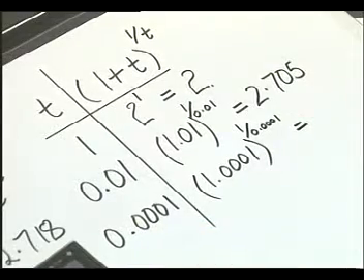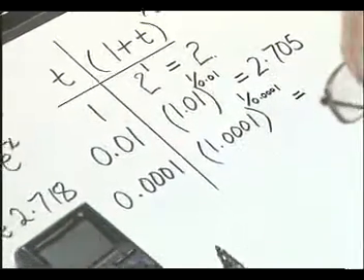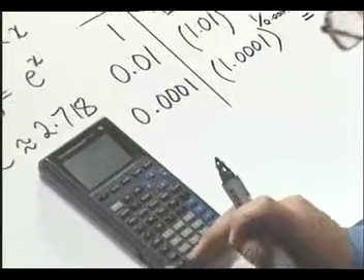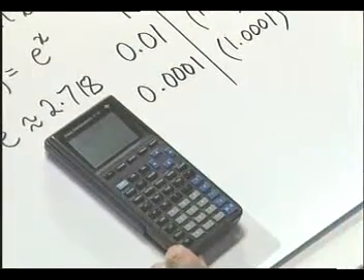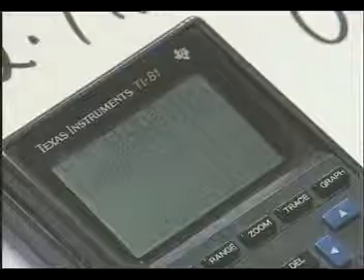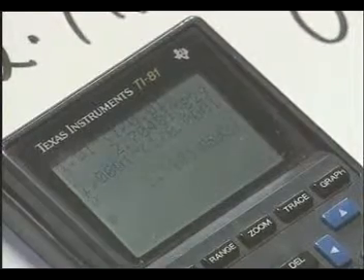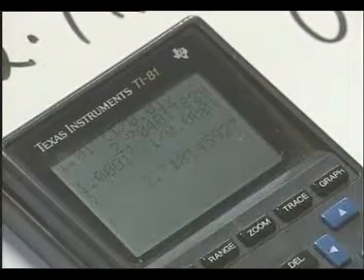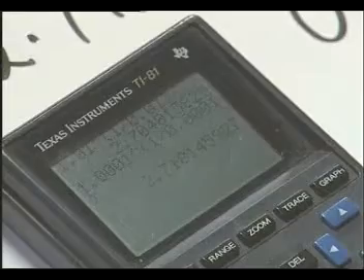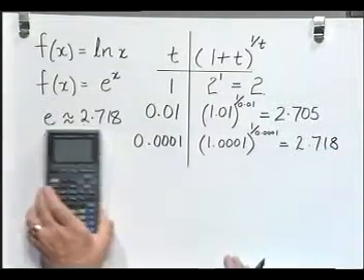And again, we need a calculator for this. So in the calculator goes 1.0001. I'm going to raise it to the power 1 divided by 0.0001. And this time I get the value 2.718.